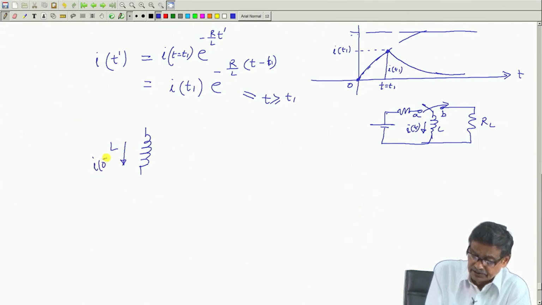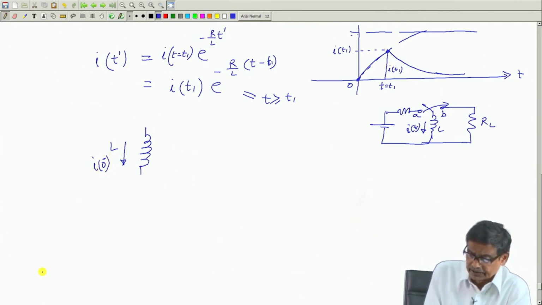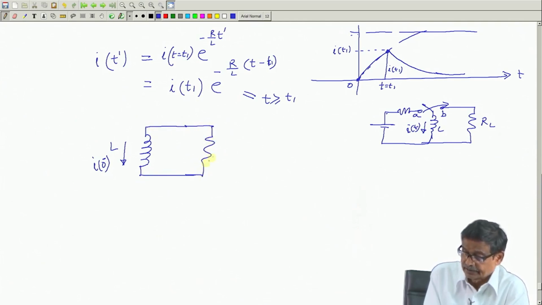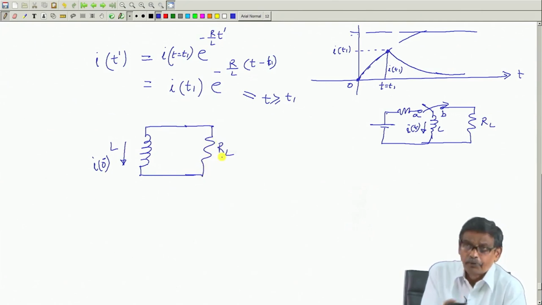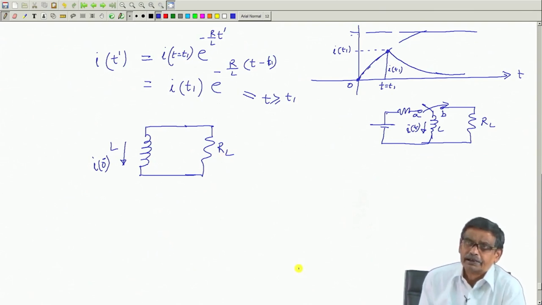I will write I 0 minus, inherited from some other circuit, and then this inductor is suddenly connected here across a load resistance. Same problem I am telling, but people will always be talking in this fashion. Okay. Inductor had initial current I 0 minus. Now, start your time t equal to 0, it is connected to this circuit.